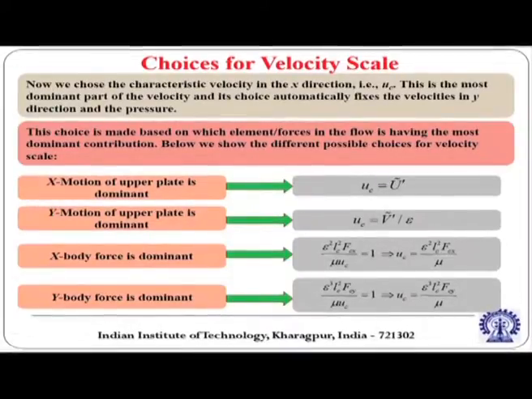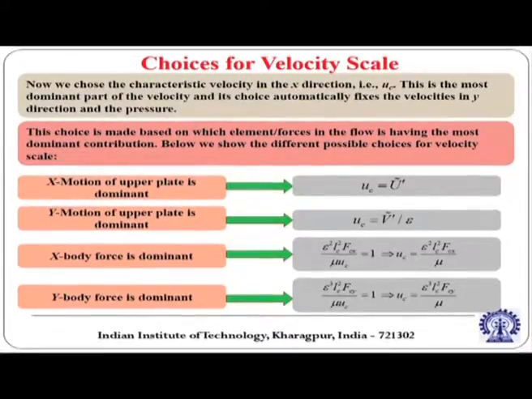of the top plate. If the y motion of the upper plate is dominating, then the dominant velocity scale along y is your v tilde, and the dominant scale along x is that divided by epsilon, because Vc by Uc is epsilon.